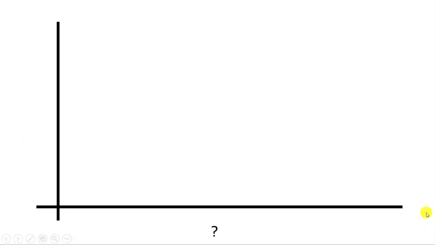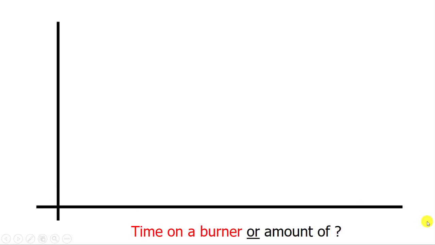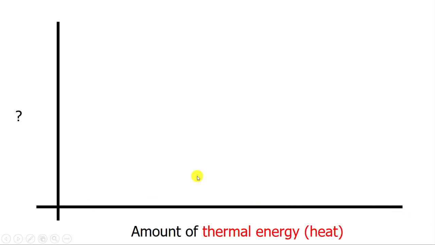Okay, here's a blank part of the chart. Now, remember, this is our graph. What is down on the x-axis? This is going to be the time sitting on the hot plate or sitting over the burner. A better way to say this is the amount of thermal energy. So it's the amount of thermal energy as you go from left to right, the thermal energy is going to increase.